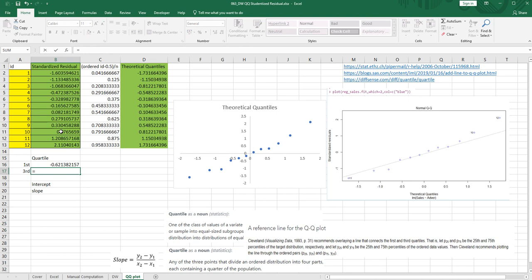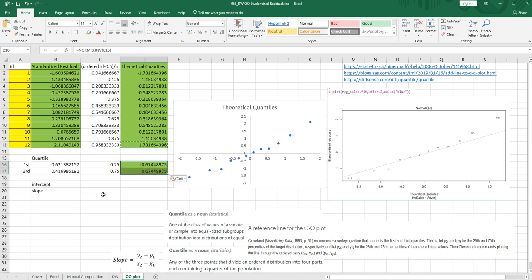For the third quartile, QUARTILE.INC, comma 3. Right. So from theoretical quantiles, we need to use the 25th and 75th. So again, same, this one and this one.